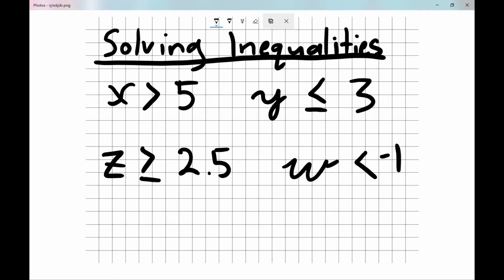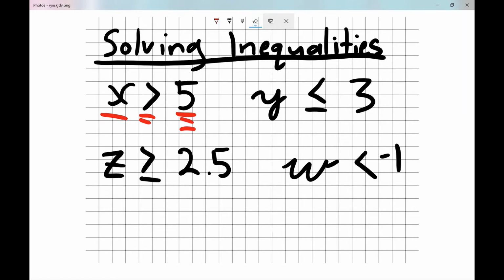All of these inequalities are pretty simple, pretty straightforward in the sense that you have your variable, you have your symbol of comparison, and you have an integer or a number.